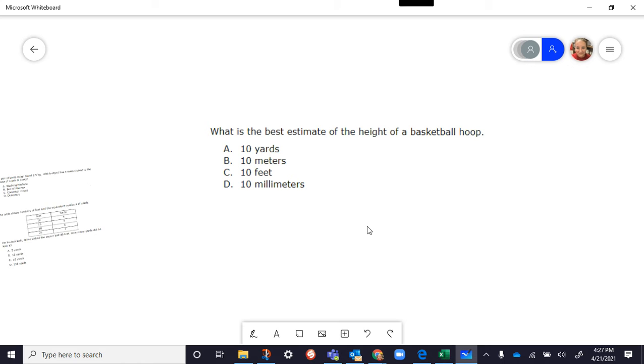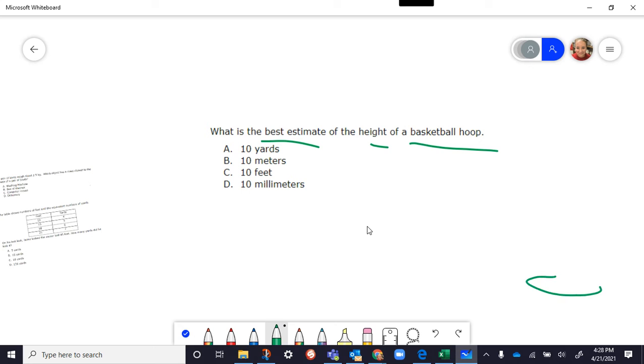If you have an object, so for here we've got the basketball hoop, and we want to find the best estimate for the height. So think about, here's my horrible drawing of a basketball hoop. Oh, it's worse than I thought. All right, so there's my basketball hoop. So let's think about what the height of that could be.